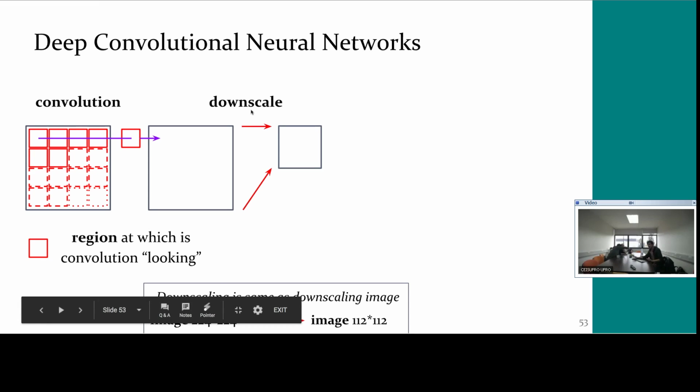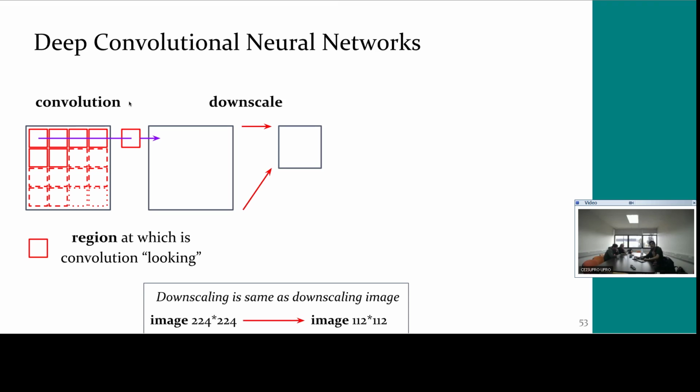Another type of layer that we use is downscaling, which sounds maybe familiar because it is something quite familiar. If we use convolution, we get an image as a result. Basically, we run this square around and calculate the value on the way. We got the convolutional image, and then we downscale it.